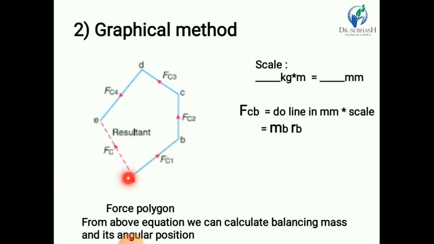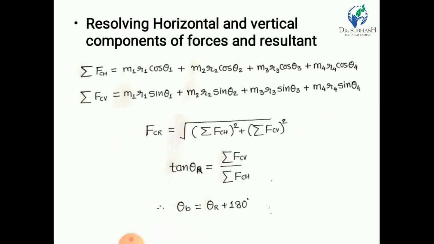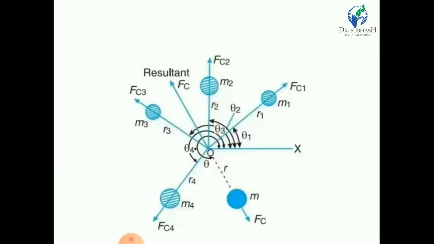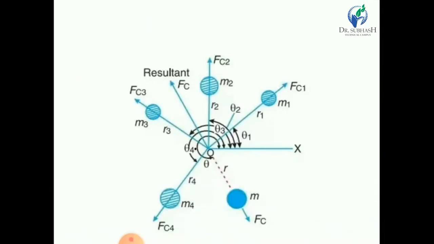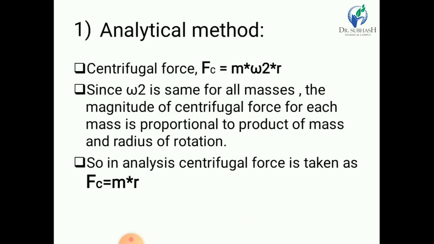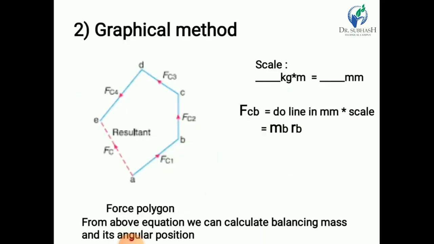So let us start. First of all, let us consider A is the initial condition. From this figure we can say that FC1 is the centrifugal force because of mass m1, having some magnitude FC1 and angular position theta 1. So we draw the FC1 line in mm which makes an angle theta 1 degree with the horizontal.